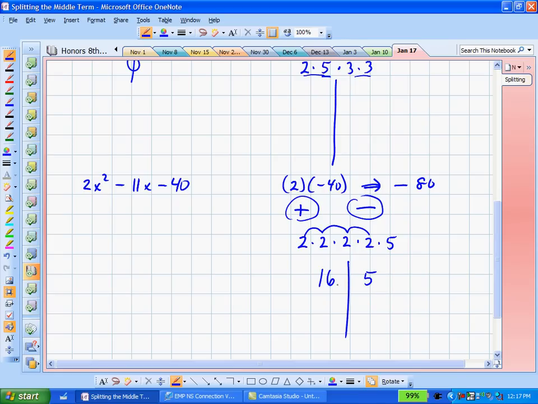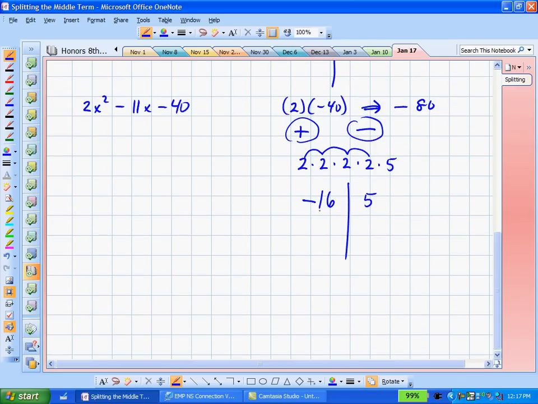Right? I want the 16 to win because the middle term has to be negative, so it's negative 16 and 5 be positive. So there's the answer in terms of the way it's going to fall, but now let's split up the middle term. So this is 2x squared, minus 16x plus 5x. That's going to give us the negative 11x minus 40.